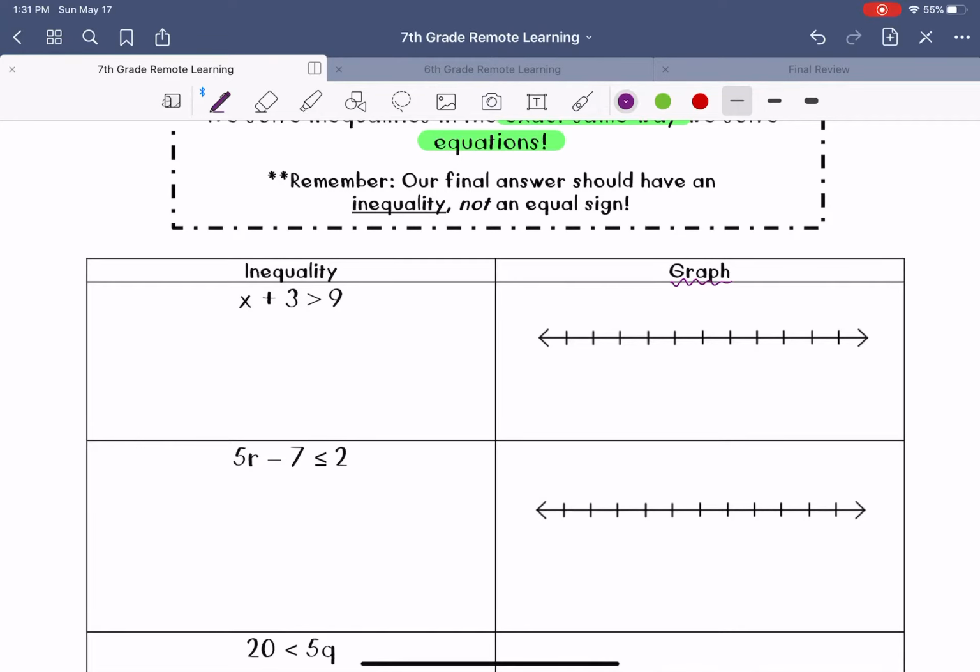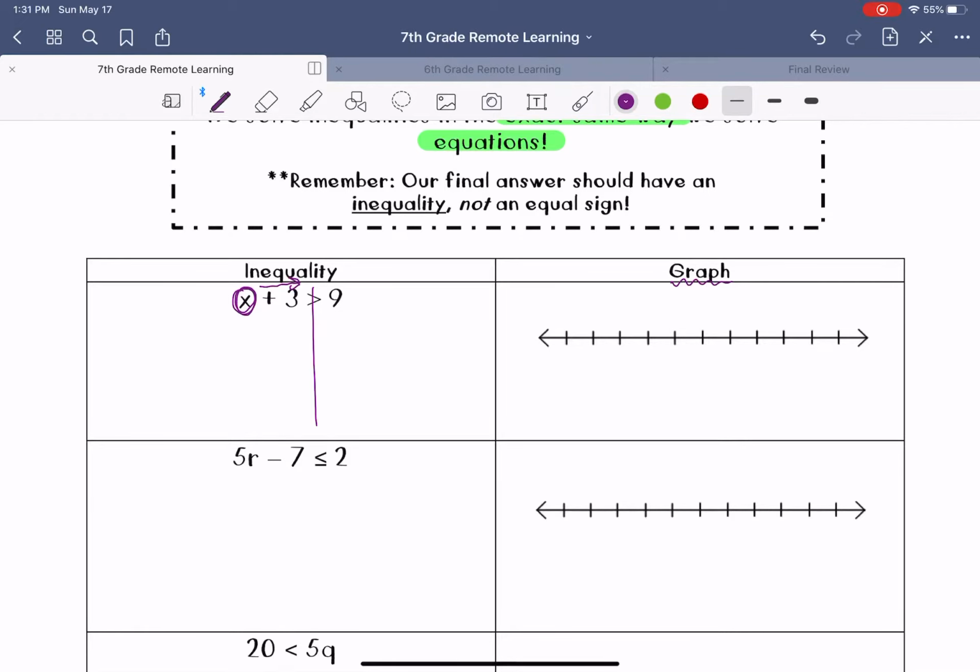So if we go through this first one, we're still going to draw our balance line to show that we need to balance both sides of the inequality in this case. It's not an equation, it's an inequality. And once again, our goal is to get x by itself, which means we want to move everything to the other side of our balance line.